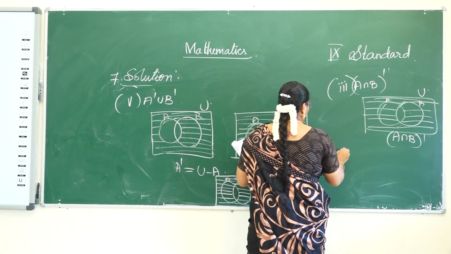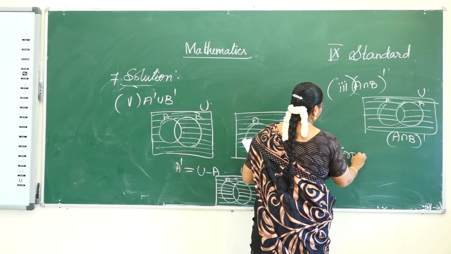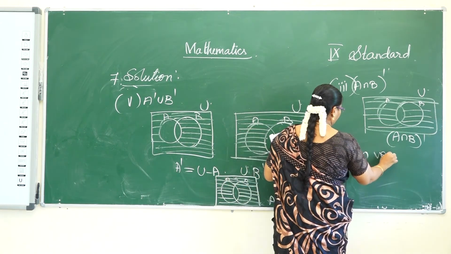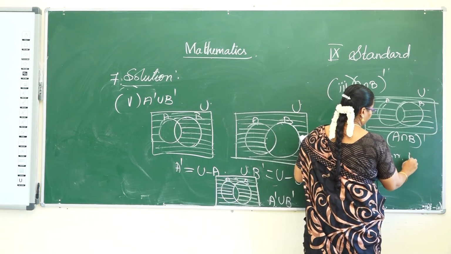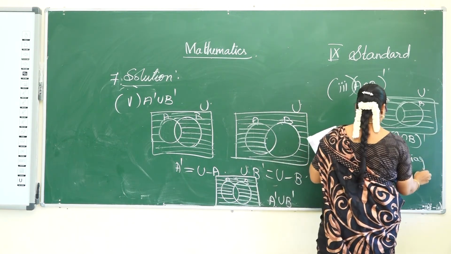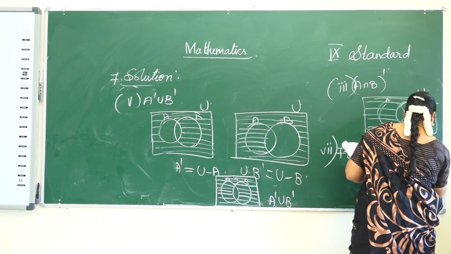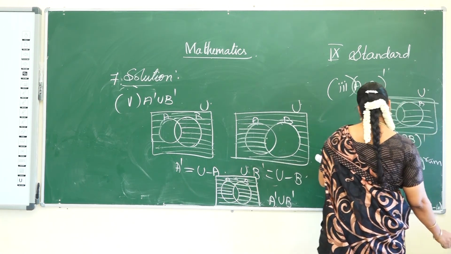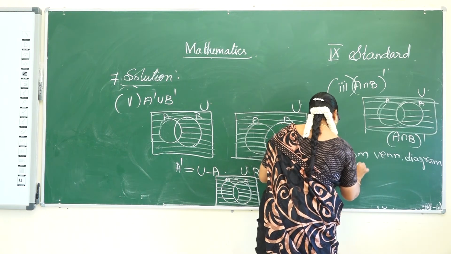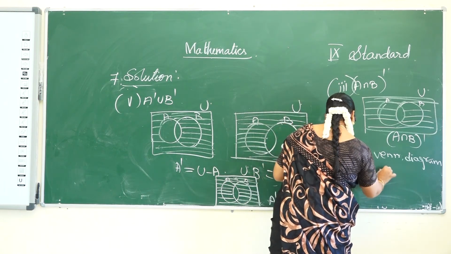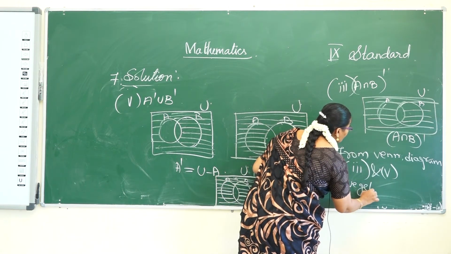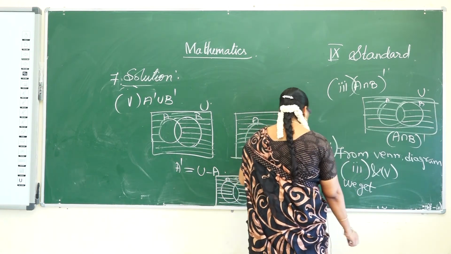So the answer to the seventh one: from the Venn diagrams of the third and fifth, what do we get?